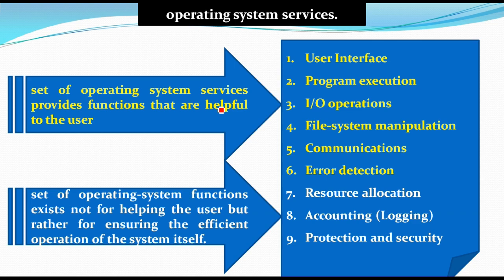And from the operating system's point of view, for the efficient operation of the computer, we have resource allocation, accounting, and protection and security. So far in this lecture, we have discussed all these 9 services. Hope you understood this concept.